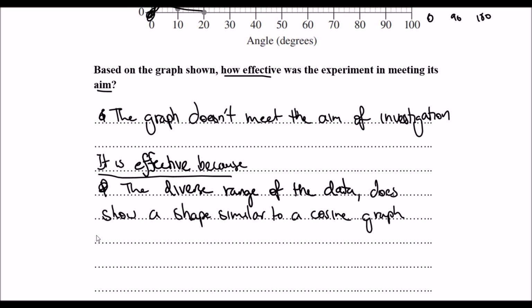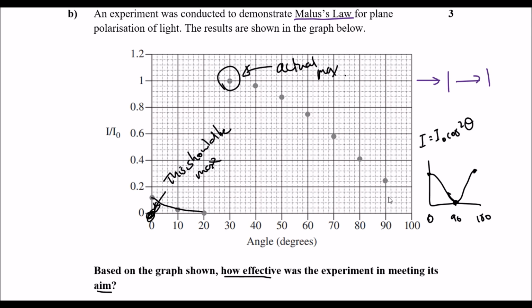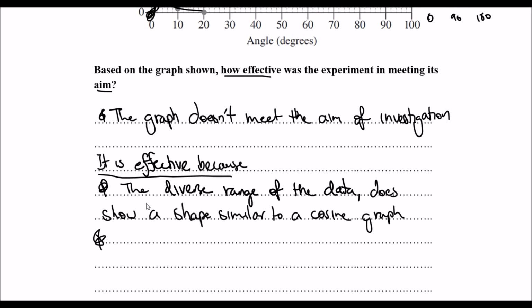Another thing that it is effective in, so we said that it's effective in showing a diverse range, and we can see that cosine shape there. Okay, let's look at what it's not effective.